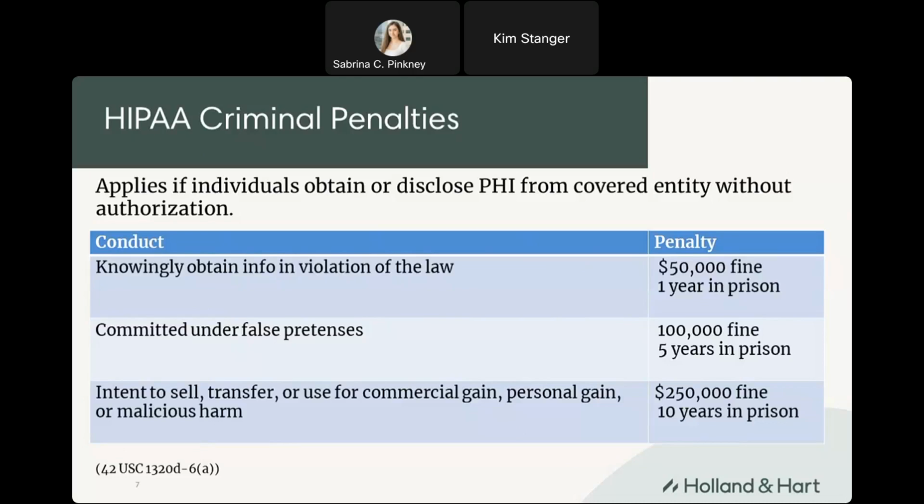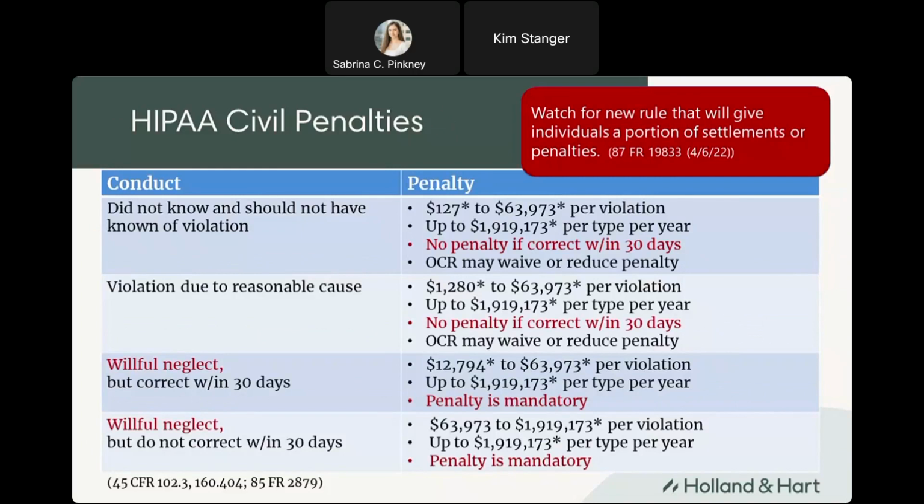It could apply to other entities who access information improperly or want to access information improperly. So reminding them of those criminal penalties can sometimes help ensure that they comply and cooperate with you when it comes to privacy issues. But for most of you, you are healthcare providers or business associates, so you are primarily interested in the HIPAA civil penalties. Those are updated on a periodic basis.